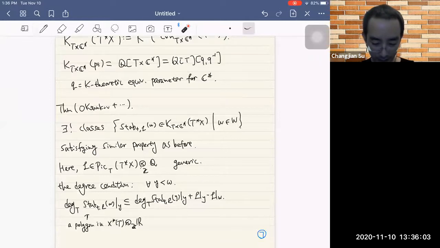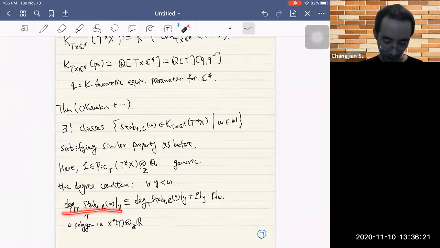If you have a Laurent polynomial, we can also define the notion of the degree of a Laurent polynomial. But again, we only consider the degree with respect to the maximal torus T, not this C star. Then this will be some polygon lying inside the character lattice of T tensored with the real numbers.